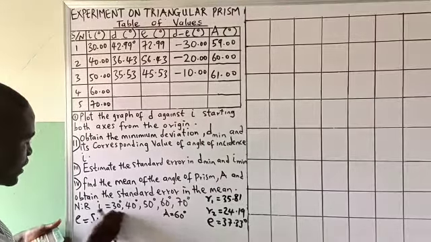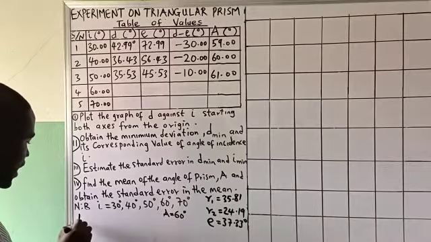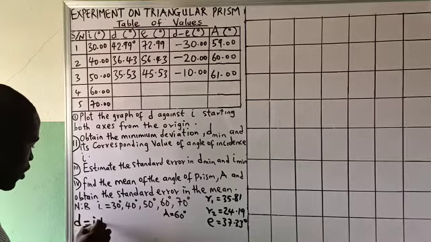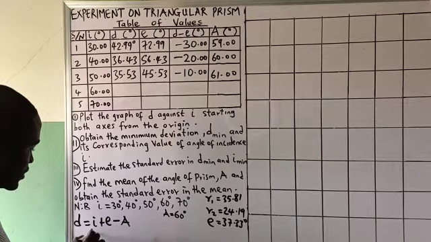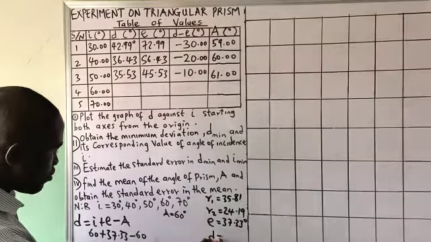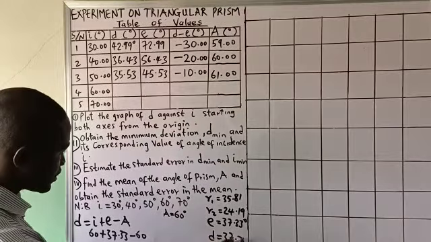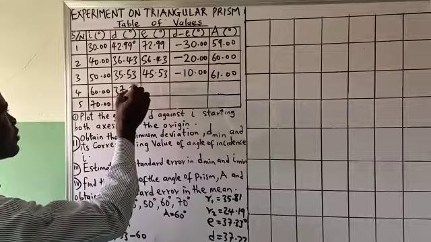Then how do we get our D? Since we are to get all this from our experiment, we also say that our D equals I plus E minus A. That is 60 plus 37.33 minus 60. That will be giving you D equal to 37.33. So we have here 37.33.